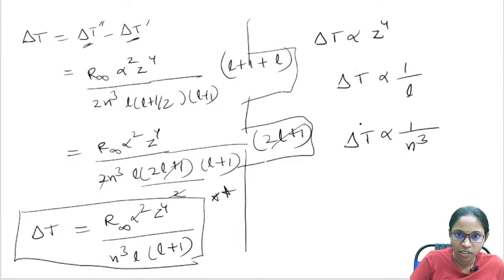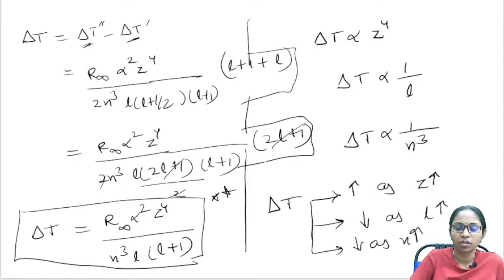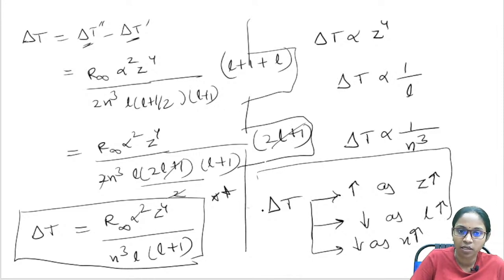So this term value increases as atomic number increases, and decreases for larger L values. That means as L value increases, term value decreases, and this term value also decreases as n value increases. Keep these points in a bracket. These are very important points.